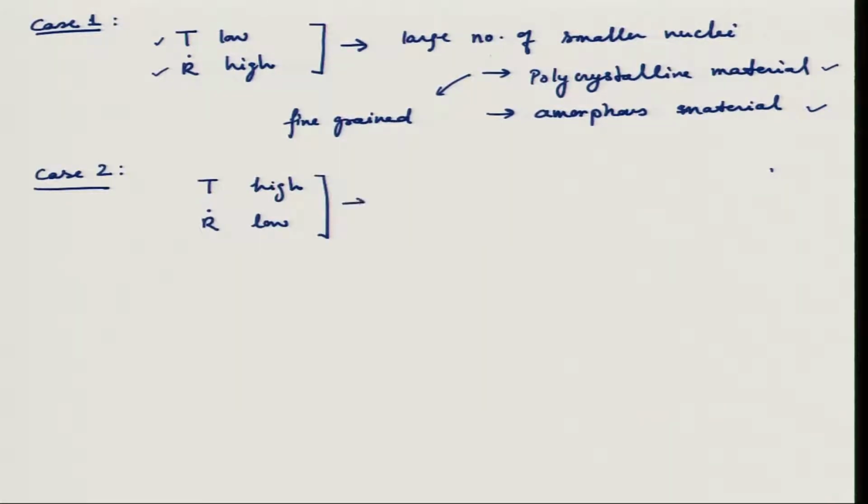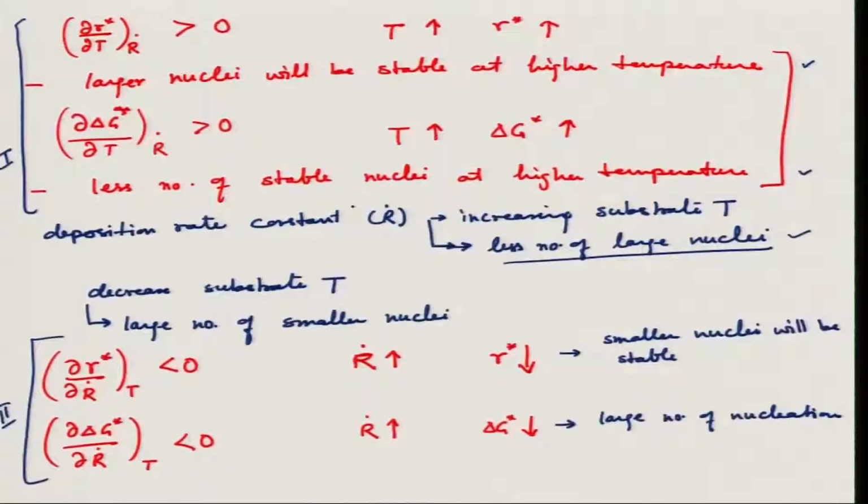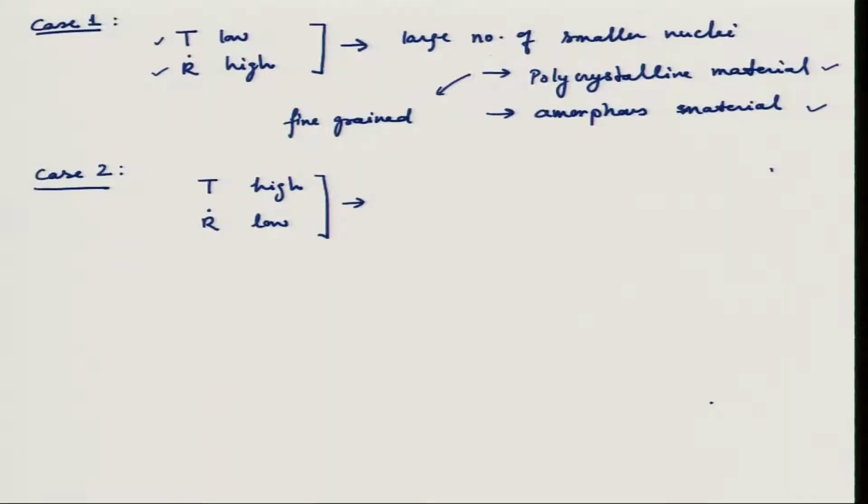From my previous discussion, if temperature is high, there are fewer large nuclei, and if deposition rate is low, then again a small number of large nuclei, the opposite of case 1. So, both will tend to have a small number of large nuclei.